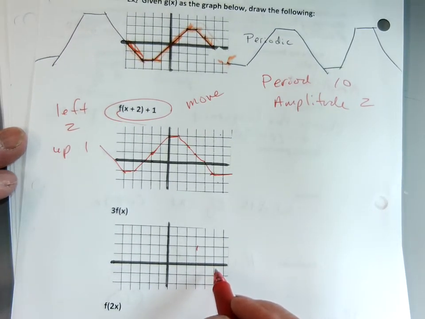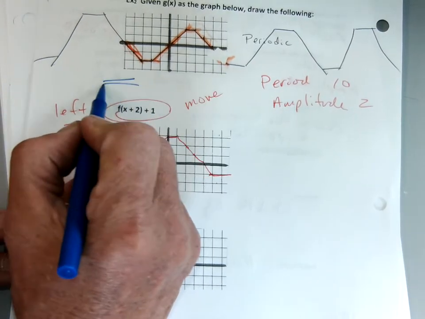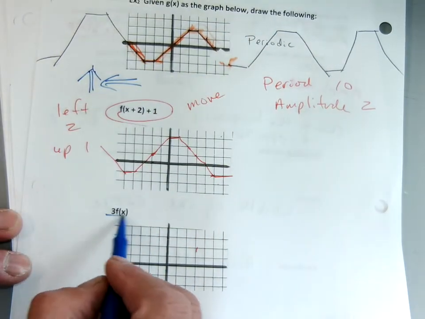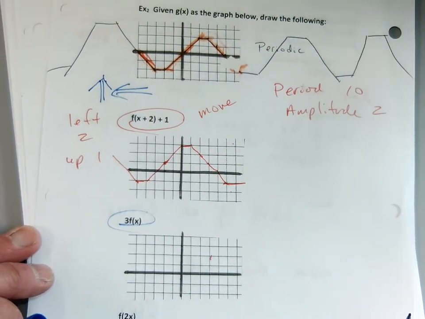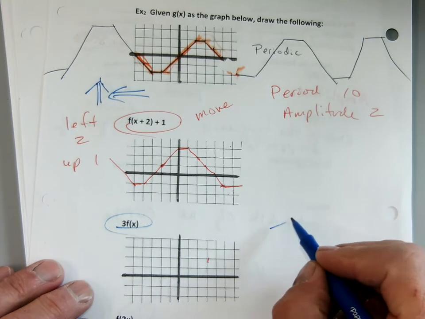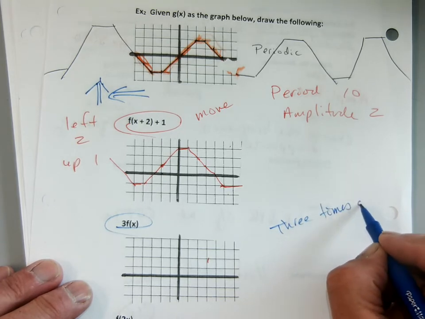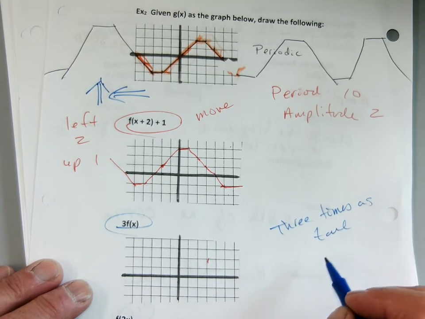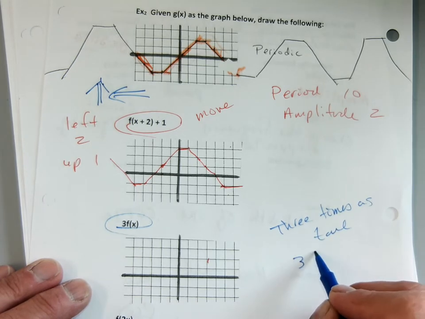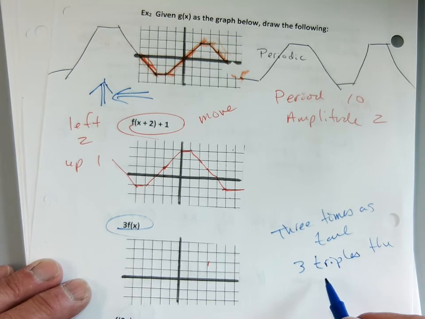So I just shifted it, and up 1. What's this one say? It's got to have an amplitude 3. So yes, it's 3 times as tall, perfect. So now it triples the amplitude.